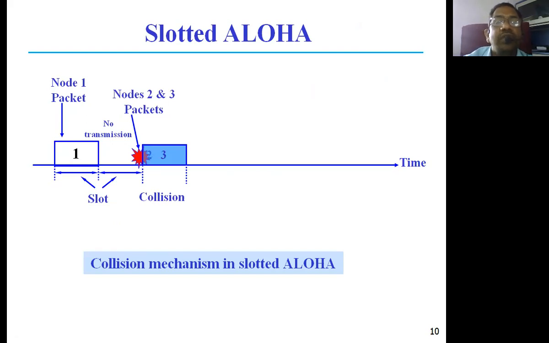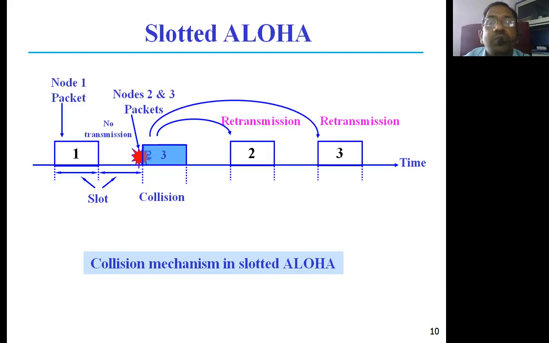Before the beginning of 3, the packet identifies that a collision took place and has to be retransmitted. So node 2 packet is once again retransmitted, and the node 3 packet is also retransmitted. The packets from node 2 and node 3 collided at the beginning of node 3. Then immediately the retransmission takes place after a random amount of time for node 2 and node 3.